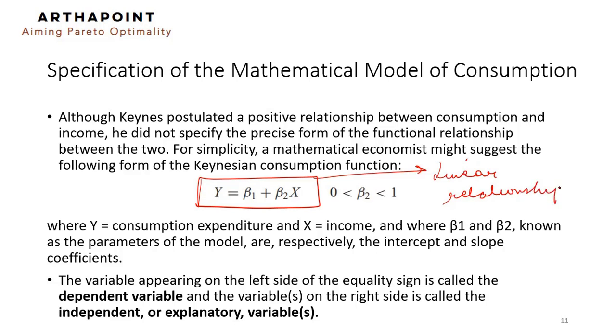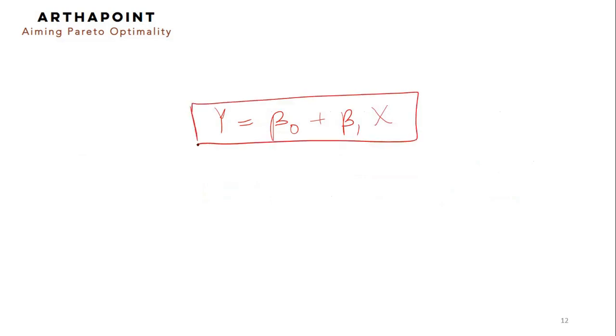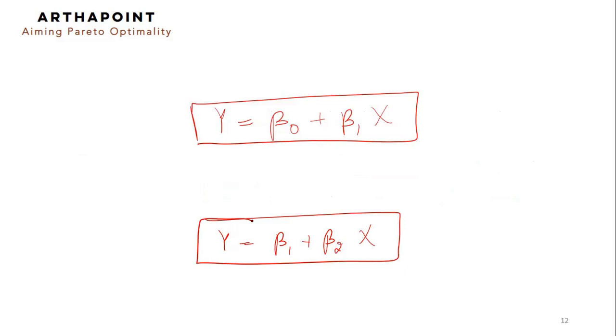I will shortly discuss what is non-linear and linear in detail. But just by looking at it, I know that this is a linear relationship. Supposedly my equation looks like this: beta naught plus beta 1 x. Some books would write it like beta 1 plus beta 2 x. Different ways of writing the same equation.